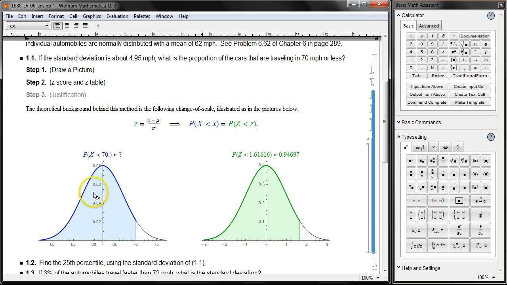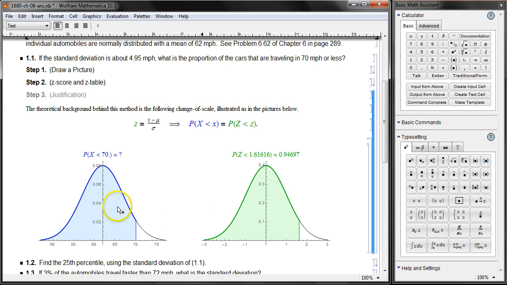Here we have Fahrenheit, the usual one. Here we have the metric system. Likewise, we have this current situation, 62 miles per hour is the center, and 4.95 is the standard deviation, versus the standard normal picture, centered at 0, and standard deviation is 1.